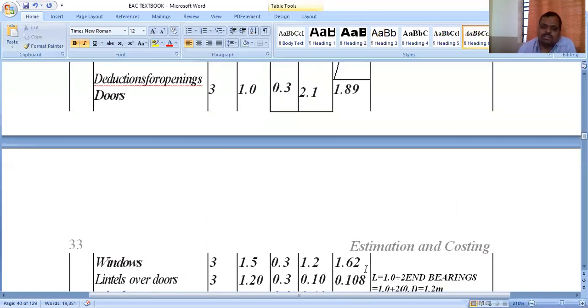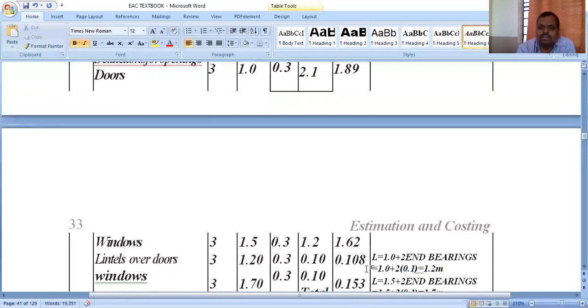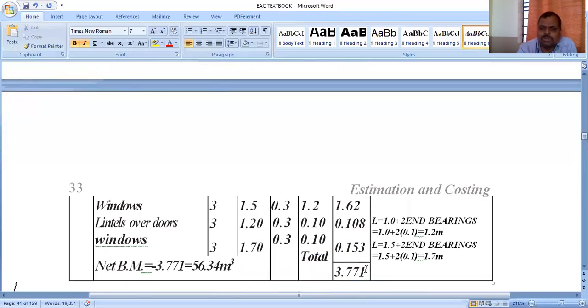Then for the lintel over the door it is 0.108, and the lintel over the windows will be 0.153. That is 3.771 cubic meter. We have already written here it as 3.771 cubic meter.